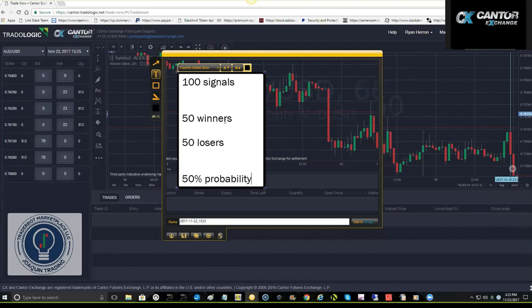So you can do it manually. If 80 are winners and 20 are losers, then you've got an 80% probability that's going to happen over the time frame that you're looking at.